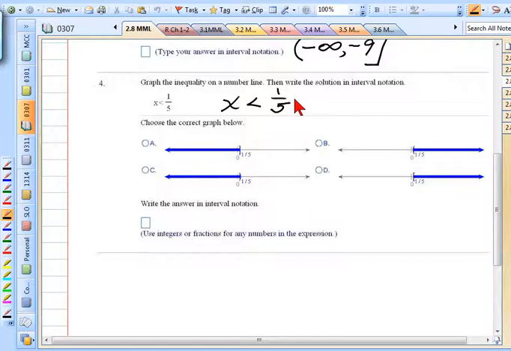Well, less than goes to the left, so it is definitely not B or D. Now it says strictly less than, so what symbol will I find at the number 1/5? A parentheses. Now I don't know that you can see it projected very well. That's a bracket. That's parentheses, which means which one is correct?